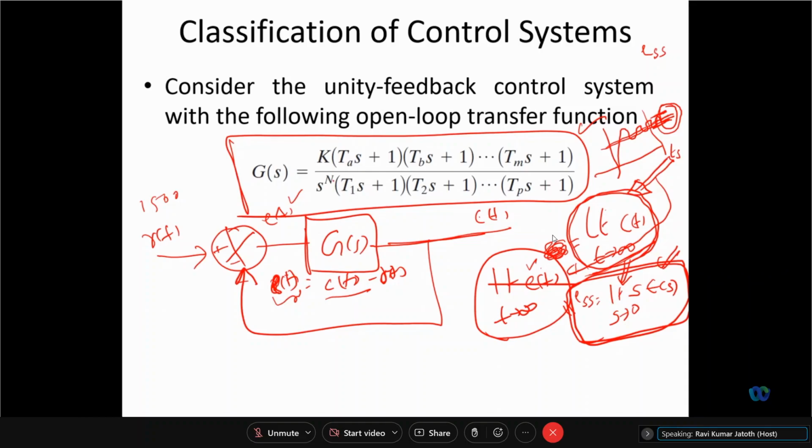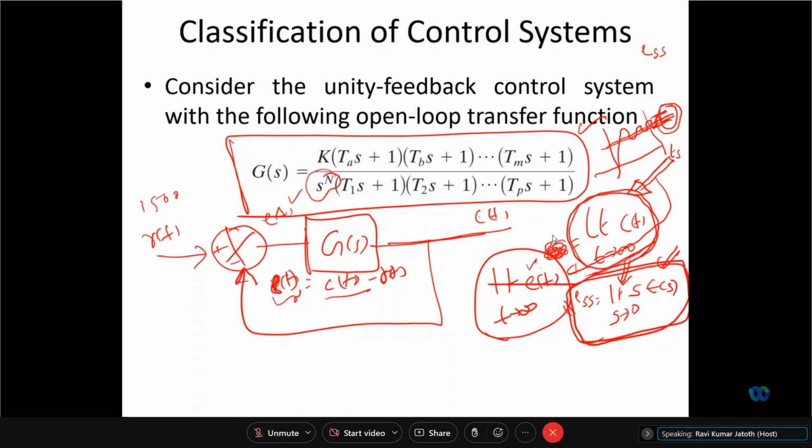Sometimes you may get poles at origin of order n. Listen carefully. The transfer function may involve poles at origin. That would be 1 pole or 2 poles or 3 poles.